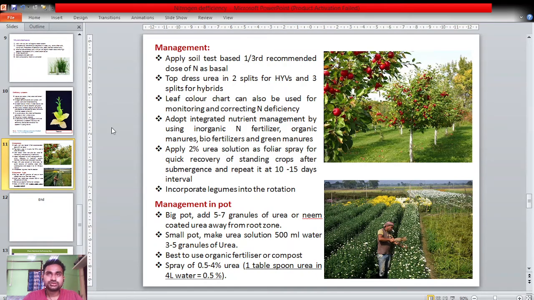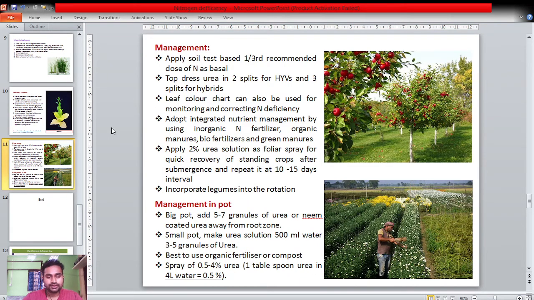You can put not the whole amount but in 2 or 3 times, after a 10 days interval. So we can put half and then half after 10 days. And the best practice is to use organic fertilizer. Nowadays organic fertilizers like compost or vermicompost are very much available in town. You can buy a packet of organic fertilizer and apply it accordingly.